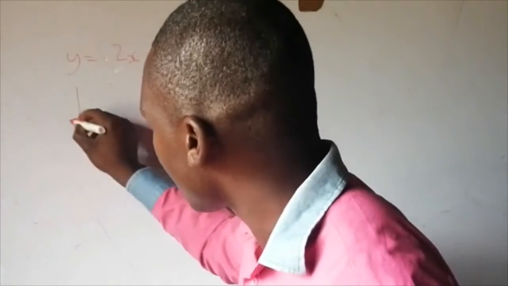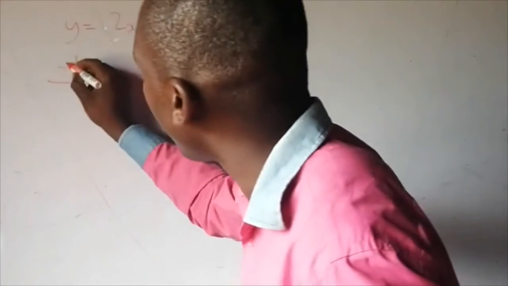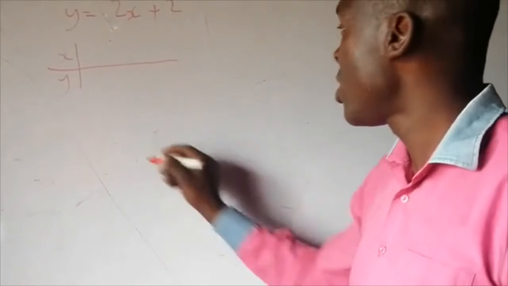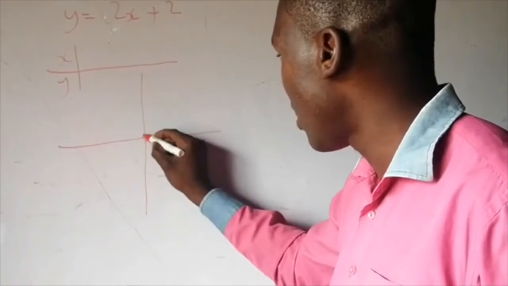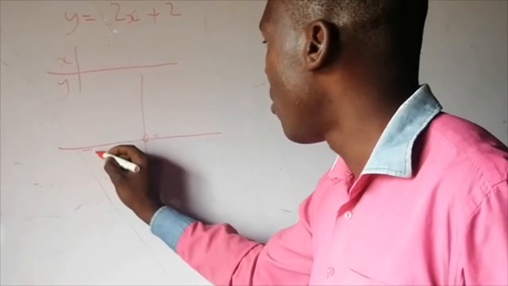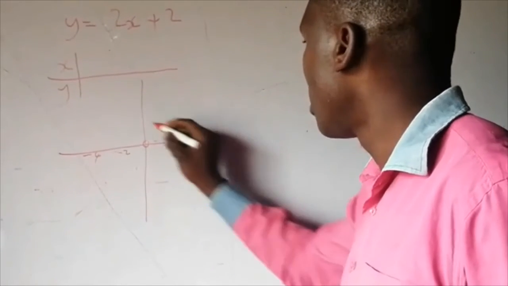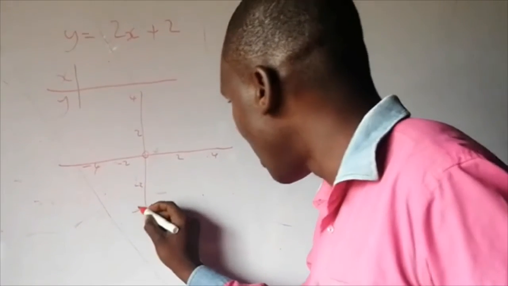Like in this case, we can use the values which are in the range of the Cartesian plane. For instance, if we have 0 here, minus 2, minus 4, 2, 4, then if we have 2, 4, then minus 2, minus 4.